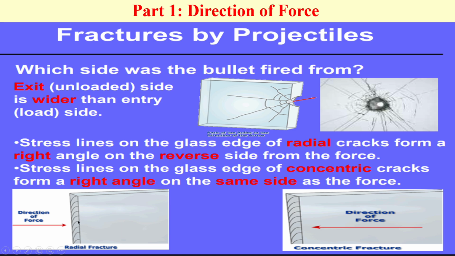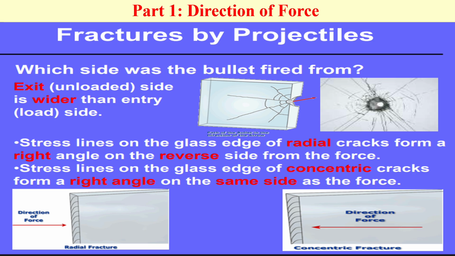And if we get the concentric fracture, the opposite rule may be applied, so the same direction as the perpendicular. For remembering, keep in mind the 3R rule: in case of radial fracture, right angle and rear side.